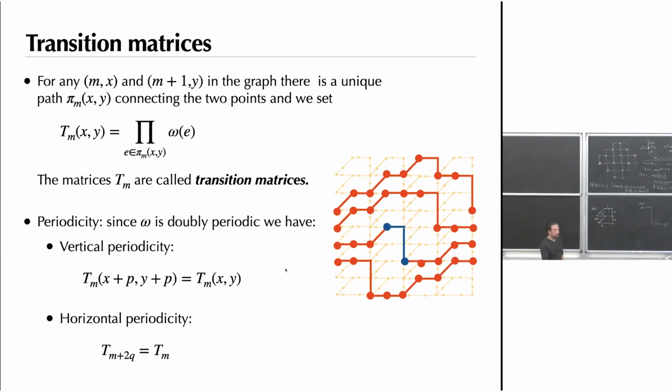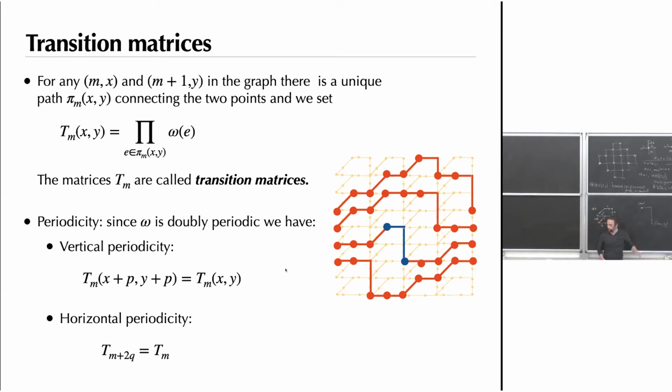And if there is a horizontal periodicity, that just means that at some point these transition matrices repeat themselves. But importantly, the horizontal periodicity we can forget for now.